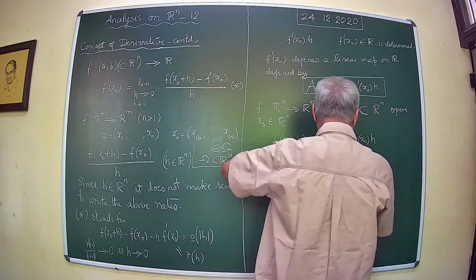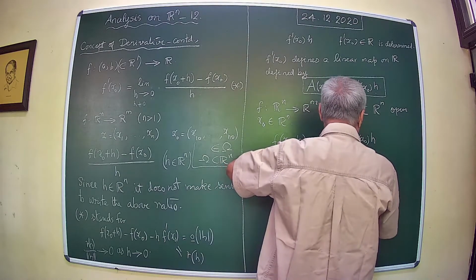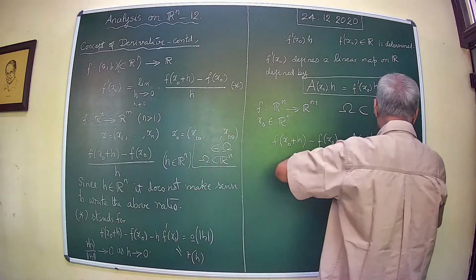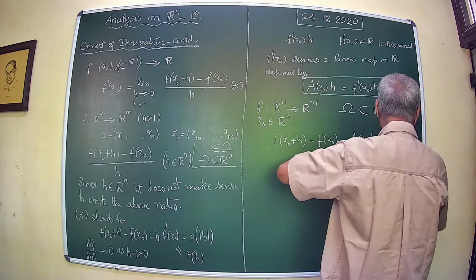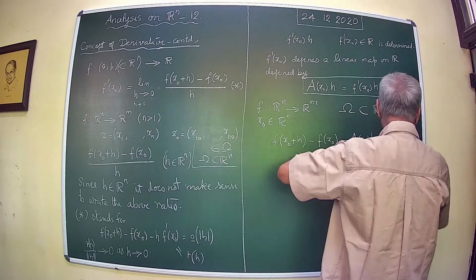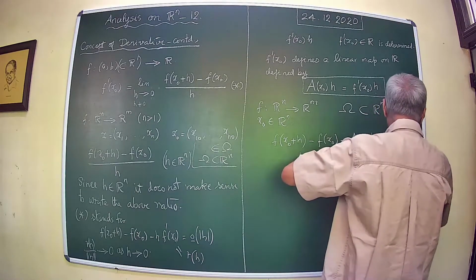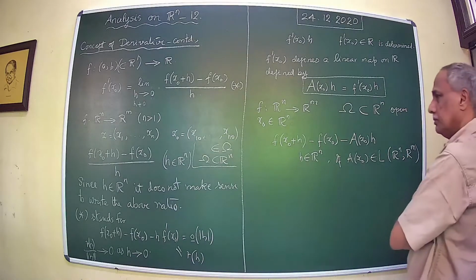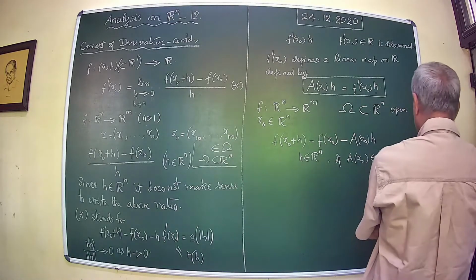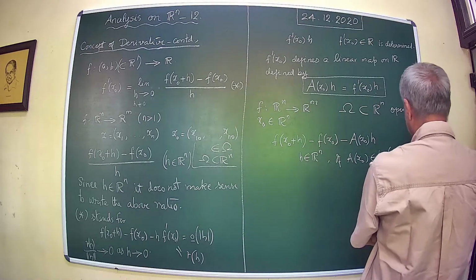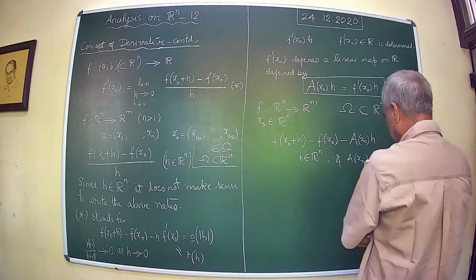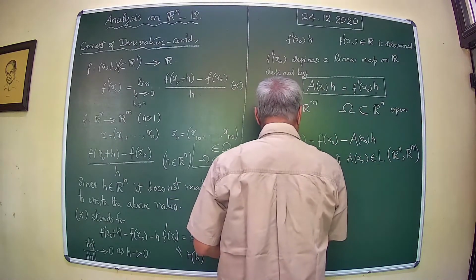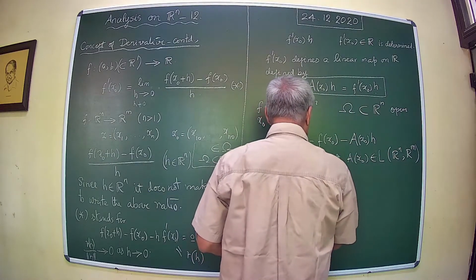If A x naught is a linear transformation from Rn to Rm, that means A x naught is an element of the linear space of linear transformations L(Rn, Rm), then A x naught h belongs to Rm.